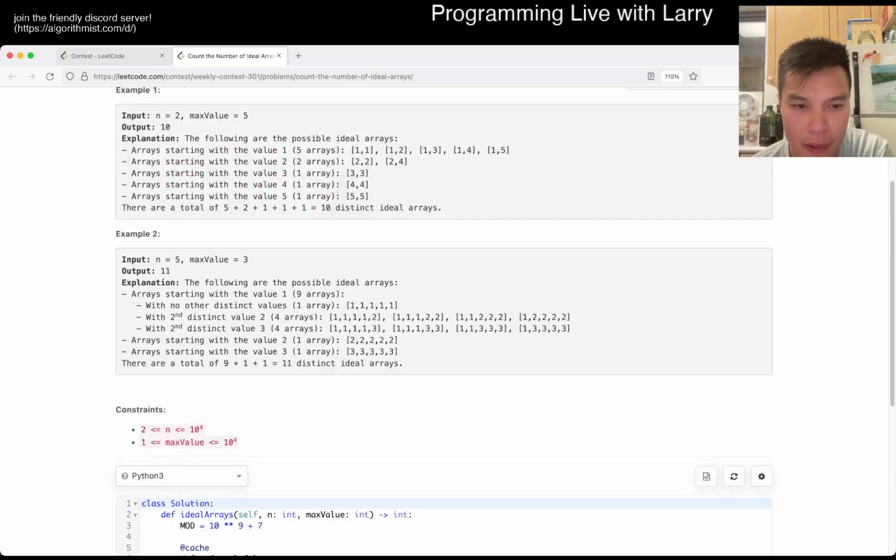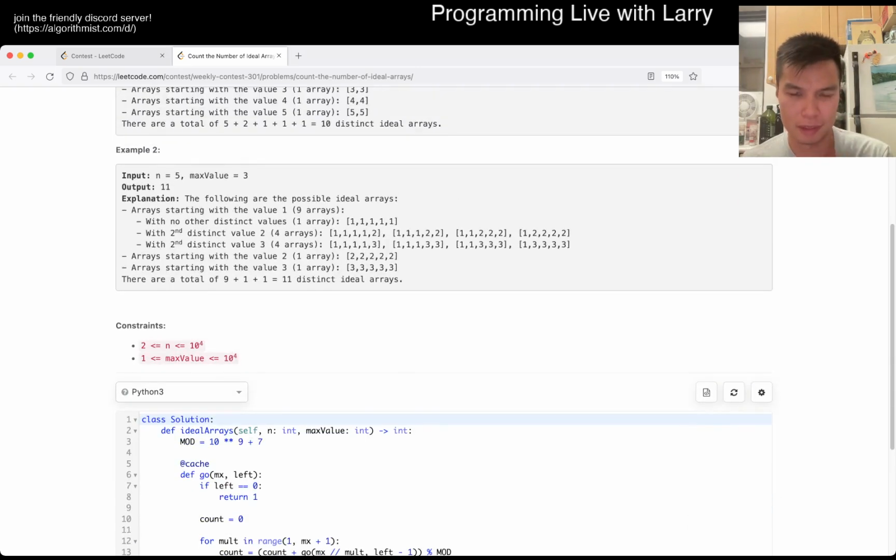Okay, let's think about it backwards. 10,000 array elements. We look at the previous one. That's still going to be 10 to the 4th squared though. I don't know how that's faster.